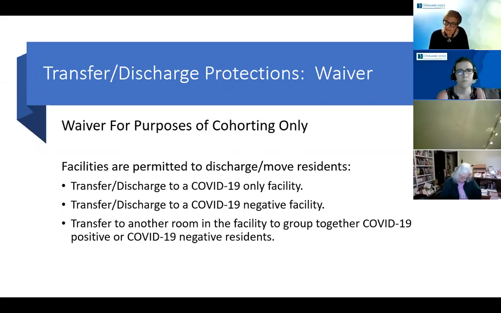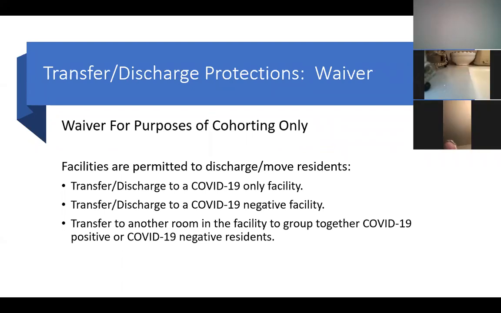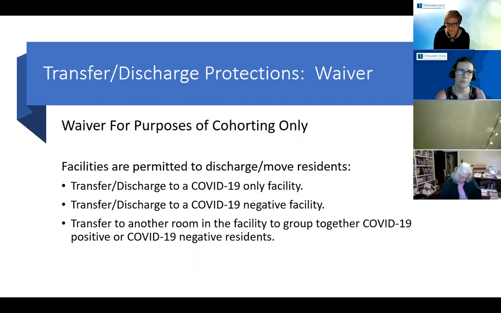So the takeaway message here is that all the transfer discharge protections are still in effect, but the only change is that moves and discharges can also be done to cohort residents. So that will probably last for the duration of the public health emergency. We don't know how long that will be, but the key thing here is to remember that all the transfer discharge protections are still in effect.